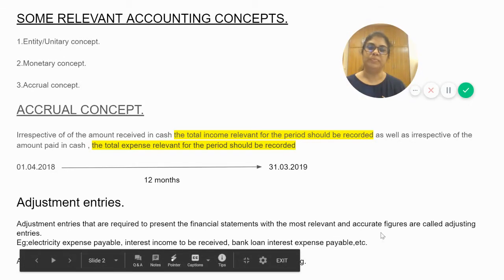So you will end up with accurate figures in your financial statements, most relevant and accurate. Going back to the same thing again: adjustment entries that are required to present the financial statements with the most relevant and accurate figures are called adjusting entries. These are a few examples of that.